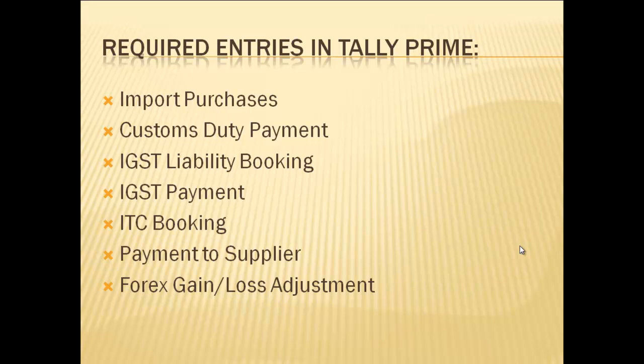Now, what are the required entries in Tally Prime? Import purchases, then customs duty payment, IGST liability booking, IGST payment, ITC booking, payment to supplier, and lastly Forex Gain/Loss adjustment.